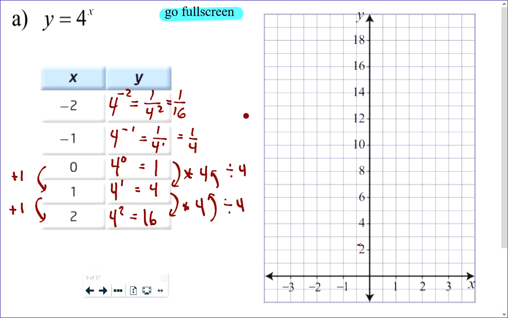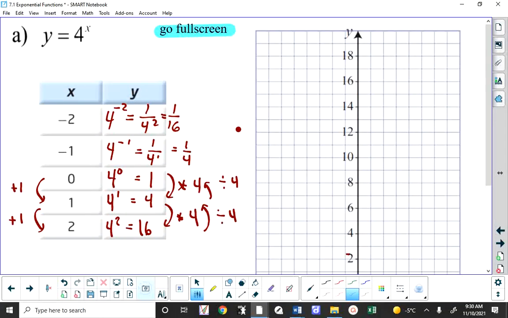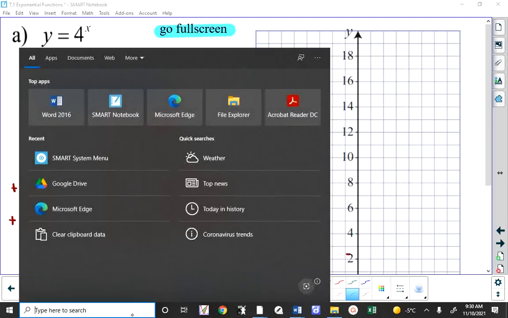You notice, by the way, I've cluttered this up with a lot of extra material, but what I want us to focus on, give me a second, please.